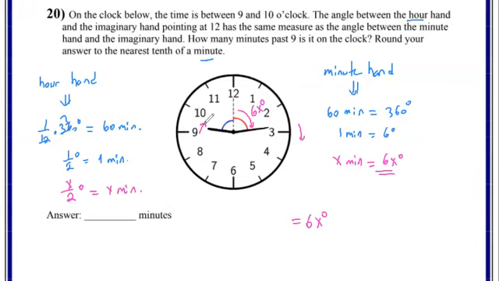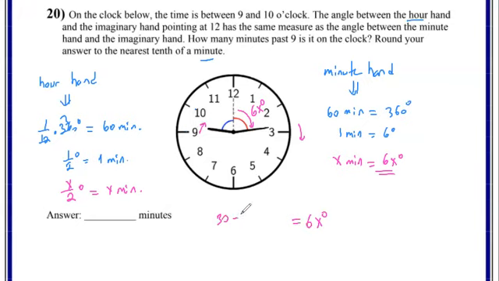But in this case, it's a little bit challenging. From this point to the 10, you have 2 hours distance, which is basically 30 degrees right here, 30 degrees, which is 60. But for this guy, this is going to be less than 30. Since we just moved x minutes for the minute hand, that will move the hour hand by x over 2 degrees. But from 9 to 10, that should be 30 degrees.